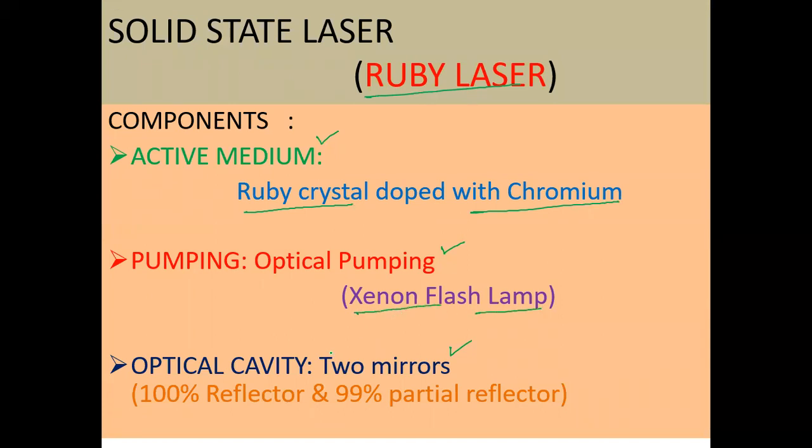The optical cavity consists of two mirrors. One is a 100% reflector, another one is a 99% reflector. These are the major components in the solid state laser.